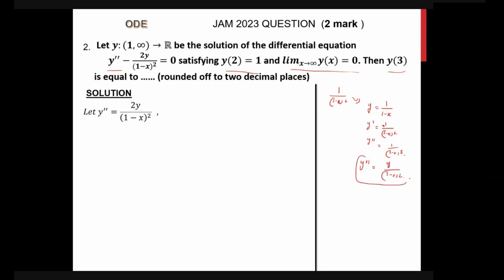But after that, I check the condition, and this condition doesn't satisfy. So I change this into y equal to 1 by (x minus 1). That is my initial guess. So first of all, you try to guess for these ODE questions, because most ODE questions take a lot of time to solve.